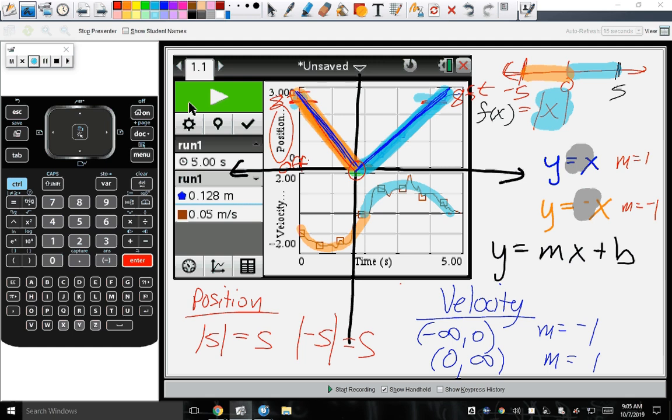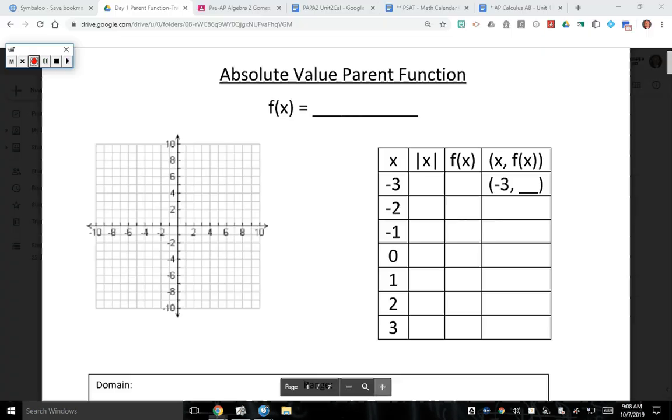Any questions so far? Okay, so distance-wise, the absolute value will always be what? Positive. And it's always representing the distance away from what number? 0. Okay? Alright, so let's go ahead and go to our notes.